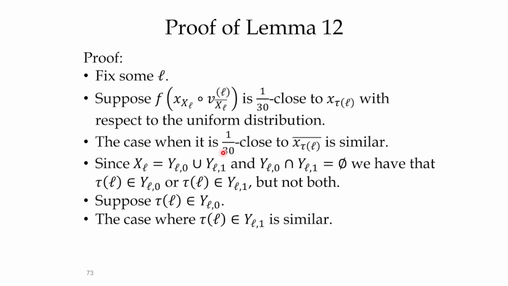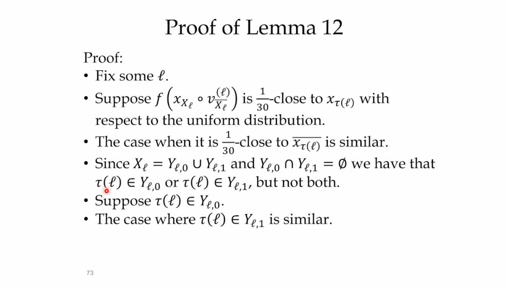The case when it is 1/30-close to x tau of L bar is similar, since capital X L is equal to the union of Y L 0 and Y L 1, and the intersection of Y L 0 and Y L 1 is the empty set.